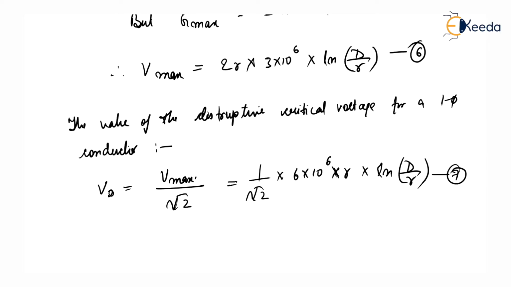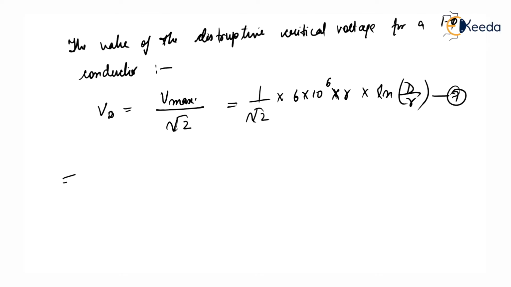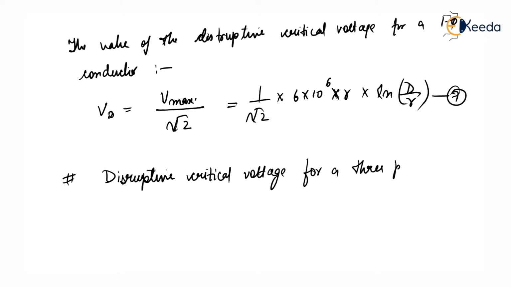Now, disruptive critical voltage for a 3-phase transmission line.